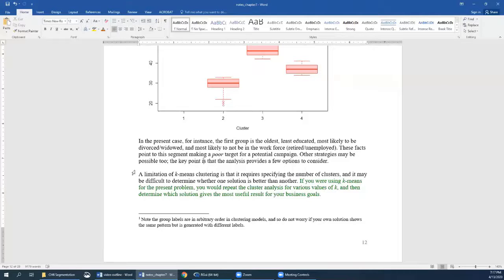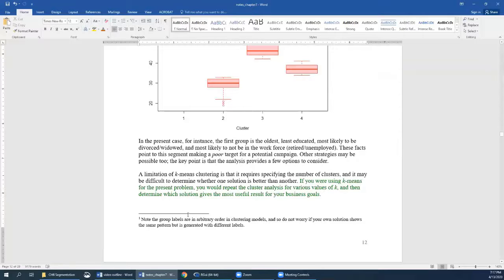I would maybe try this for 2, 3, 4, and 5 clusters, to make sure that the number of clusters I'm looking at and the conclusions I'm drawing from them really do make the most sense for the goals of the business.